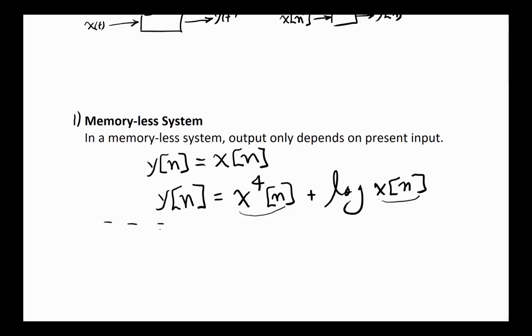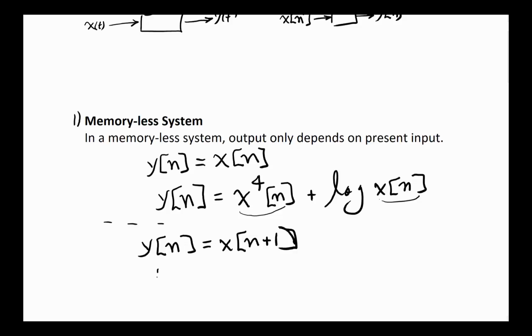So then what does a memoried system look like? Well, one of the simplest ones we can write is y of n equal to x of n plus 1. Now the output depends on present and future x, which means this is actually memoried.